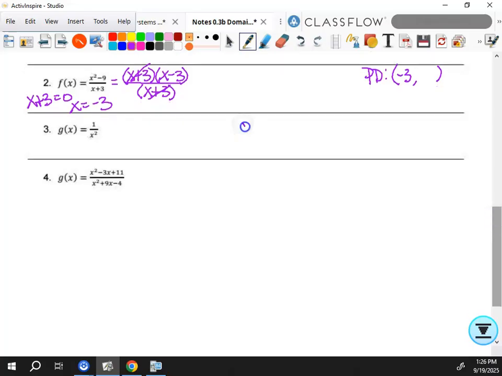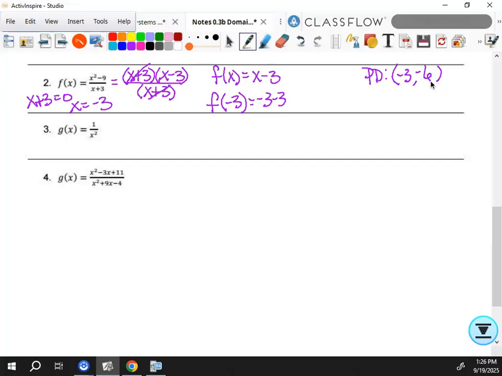My reduced function, f of x, is x minus 3. So then I have f of -3, so I can finish the hole there. This is -3 minus 3, so that's -6.